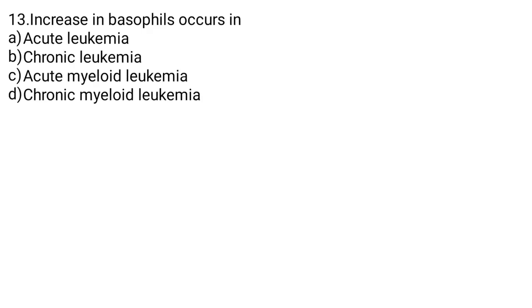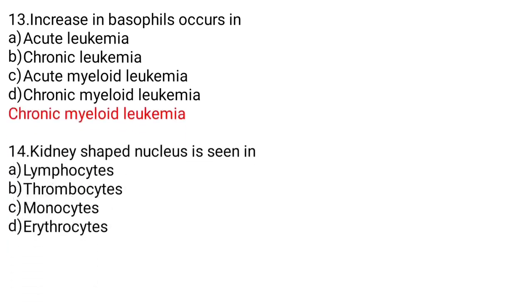Next one, increase in basophils occurs in acute leukemia, chronic leukemia, acute myeloid leukemia, or chronic myeloid leukemia. And the answer is chronic myeloid leukemia. Next, kidney shaped nucleus is seen in A. Lymphocytes, B. Thrombocytes, C. Monocytes, D. Erythrocytes. So kidney shaped nucleus is seen in monocytes.